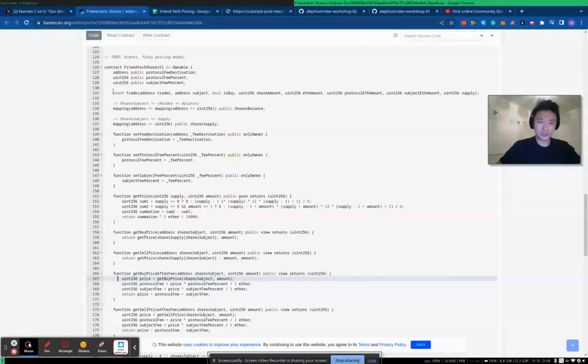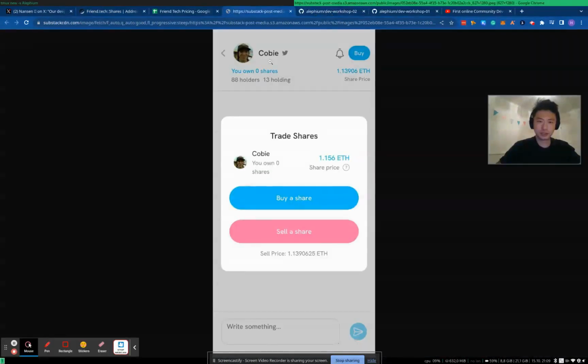So here we have this event, which basically gets emitted when there's a trade. And the more interesting thing is that we have these two mappings. The first one represents the balance of each holder for a subject. For example, if you are Kobe, in this case, it represents the balance of all your holders.